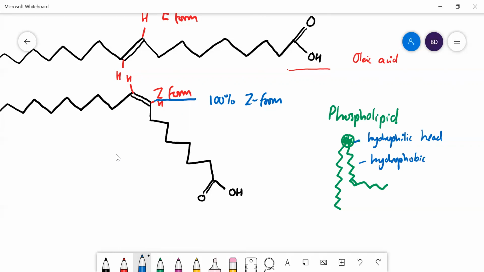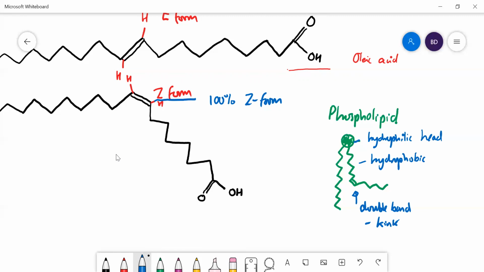And here we have got a double bond. That's an unsaturated fatty acid, and it produces a kink in the molecule because it's always in the Z form.